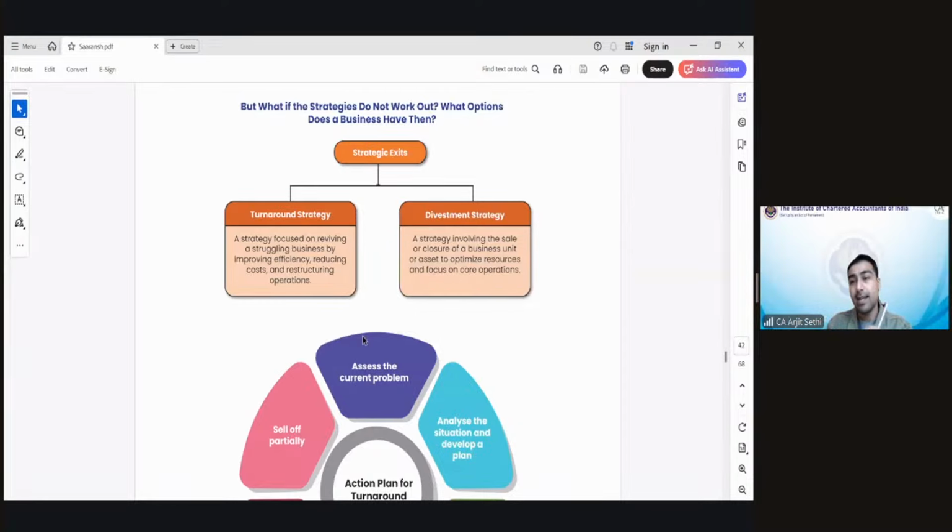But if you're thinking, nahi, it's the end game, it's not happening, just exit this business. It's called divestment strategy. One more chance लेते हैं. That's a turnaround strategy. इसको पलटने की, turn around, switch, turning it around, upside down, right?